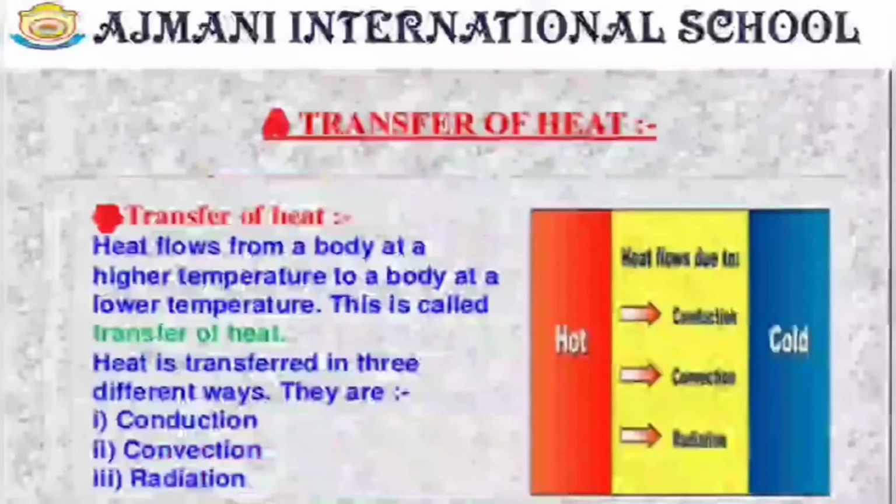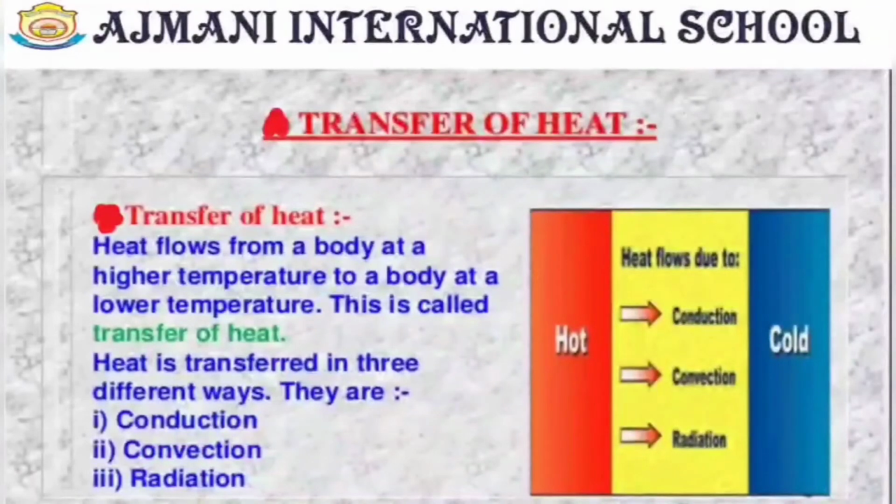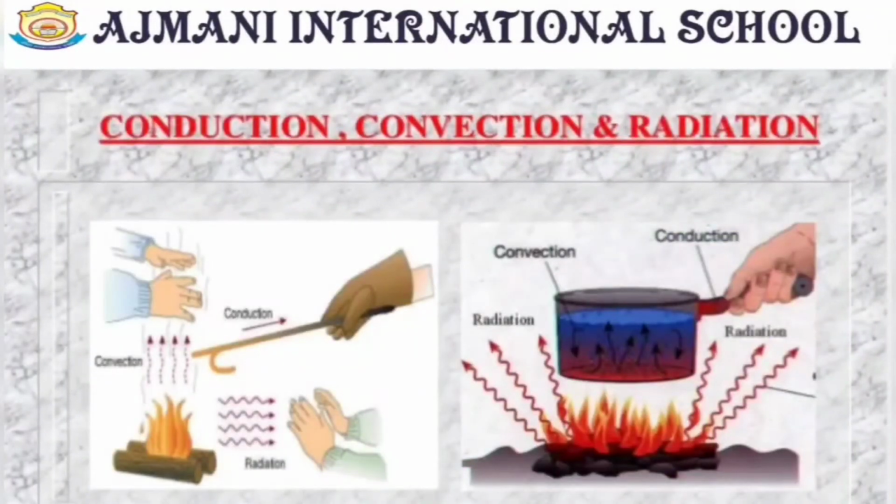Now, the transfer of heat. Transfer of heat can happen because of the change in temperature, and it happens in three different ways: conduction, convection and radiation. So let's see how conduction, convection and radiation differ from each other and what their meanings are.